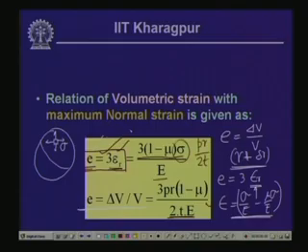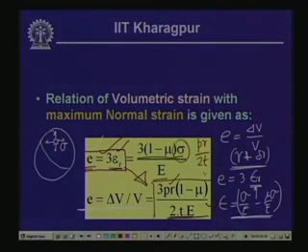This is the basic relationship, and finally we arrived at this expression in terms of the pressure, the radius of the vessel, Poisson's ratio, thickness of the vessel, and the modulus of elasticity.